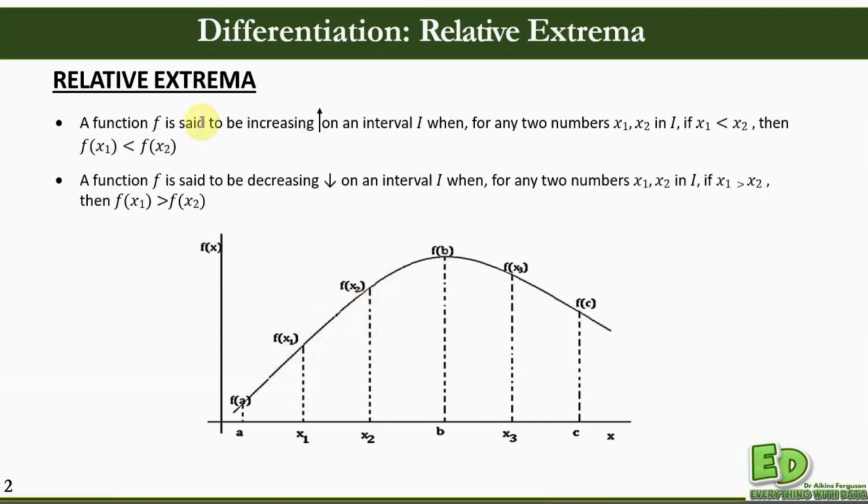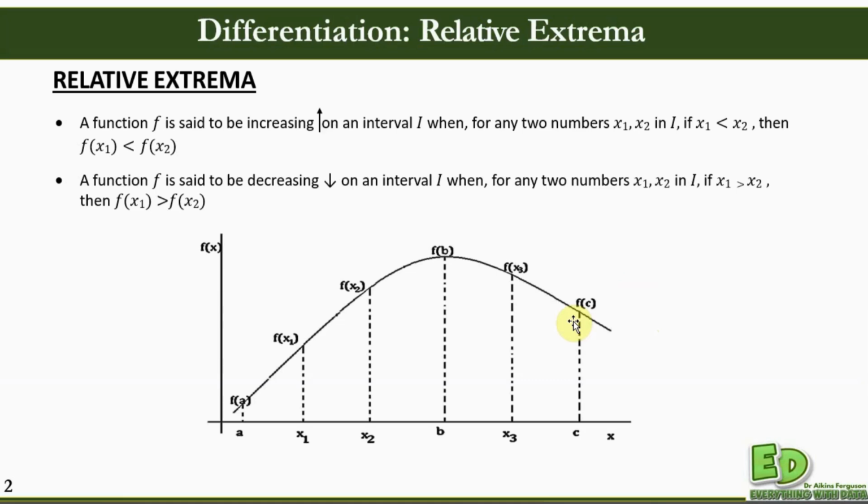Looking at the second scenario, a function is also said to be decreasing on an interval I when for two numbers, x3 and x4 here, f of x3 is greater than f of x4. So f of x3 here is greater than f of x4.